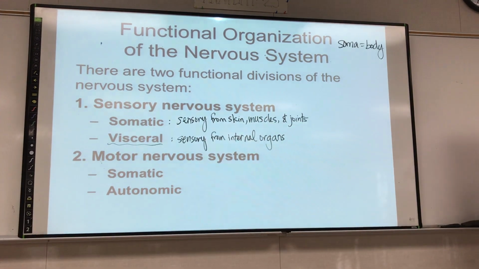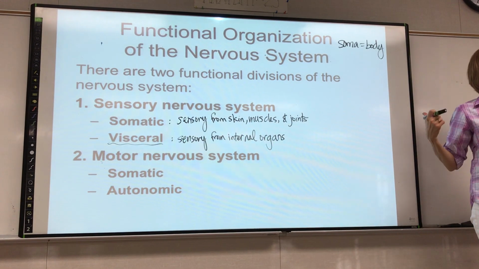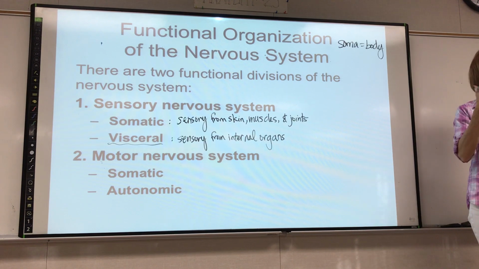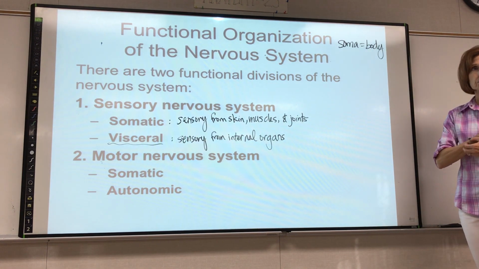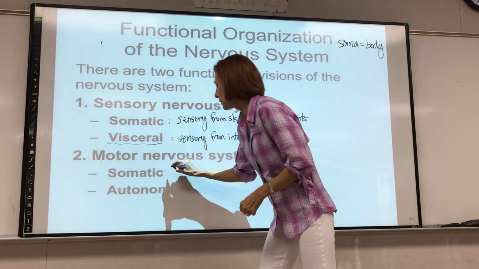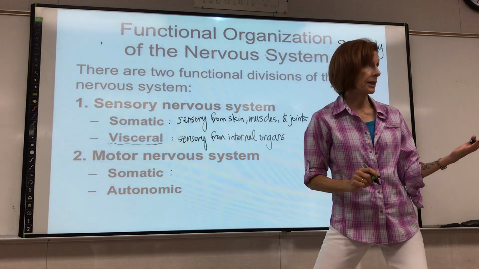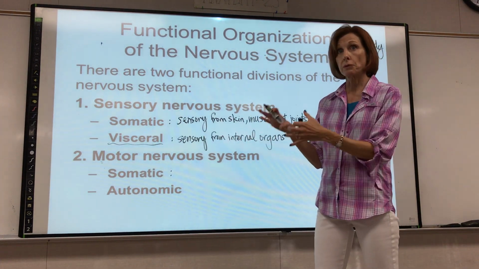Okay, and then same thing for motor neurons. We know motor neurons carry action potentials out to our muscle and to glands. We've talked about those a little bit already. There's two types of motor neurons. Okay, so we have, again, a group called somatic, and somatic motor neurons are actually what we've already talked about. I didn't use this term, but they would be this group that we've already talked about.